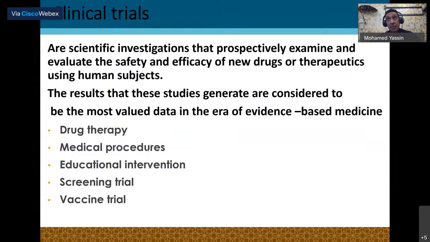And I will give you an example of a medical procedure, a very famous trial, which is looking at primary angioplasty. You know, patients with coronary artery disease can present with angina, or with acute coronary syndrome or myocardial infarction, and they have a blockage in one of their arteries in the heart.